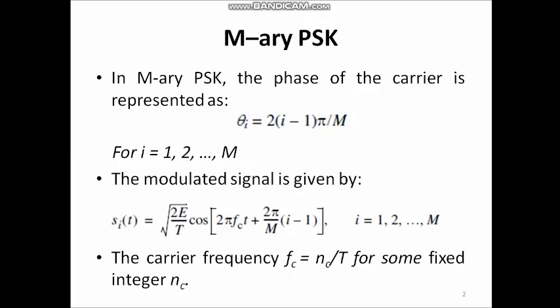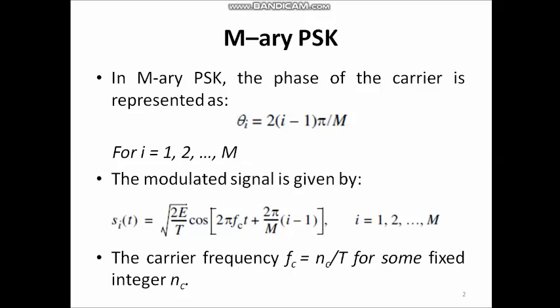And in M-ary PSK, the phase of the carrier is represented by the equation theta_i equal to 2 into (i minus 1) into pi by M, for i equal to 1 to M. And usually in M-ary PSK, we use 2 or more bits in a symbol.